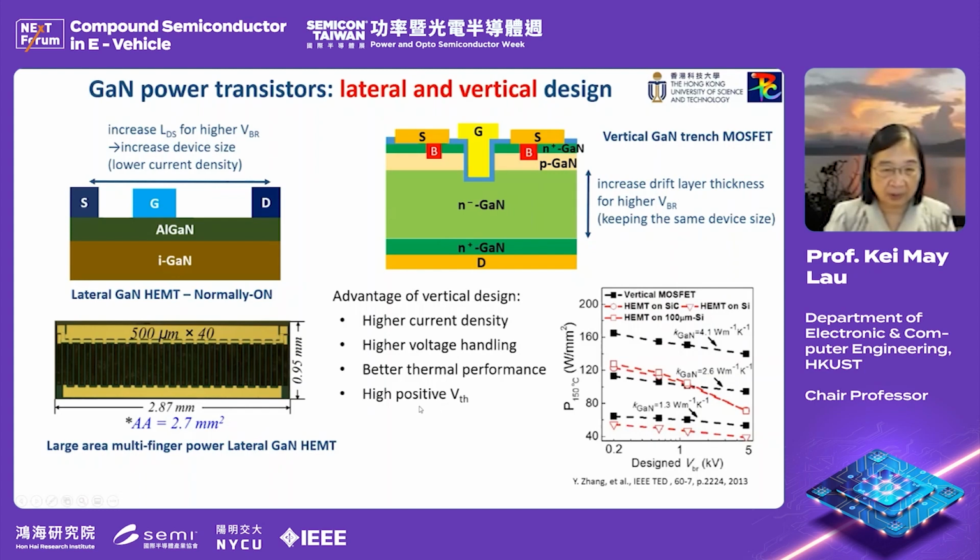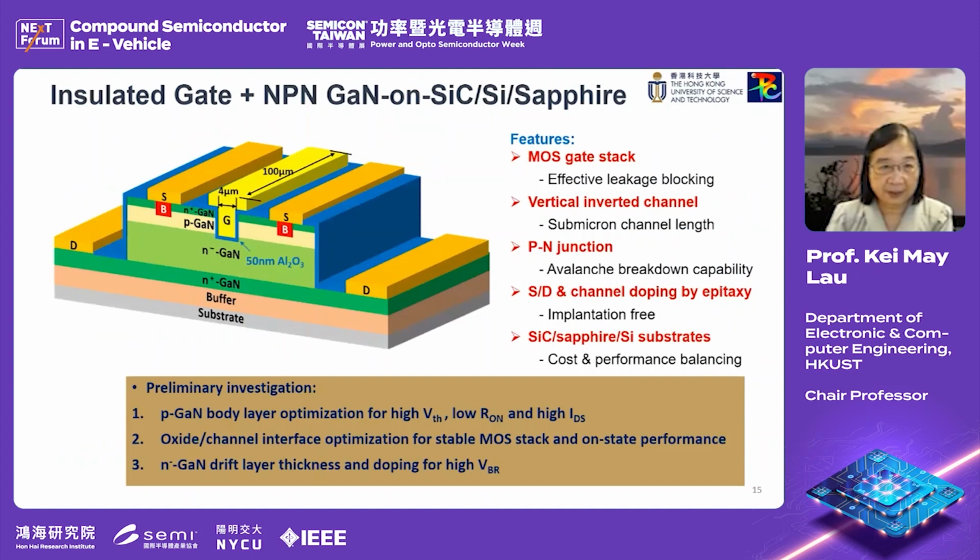It's also very important because most of the lateral devices are normally on, and these are normally off devices. The vertical design can easily be made normally off. This is an insulated gate MOSFET, and the epitaxy structure is an NPN epitaxy structure.